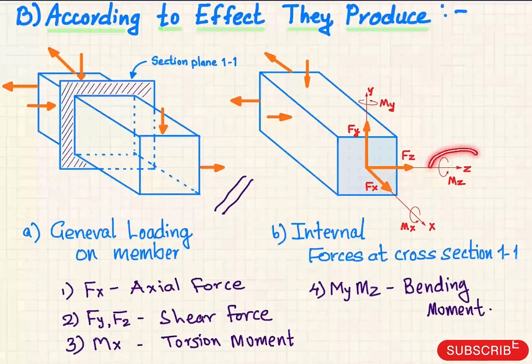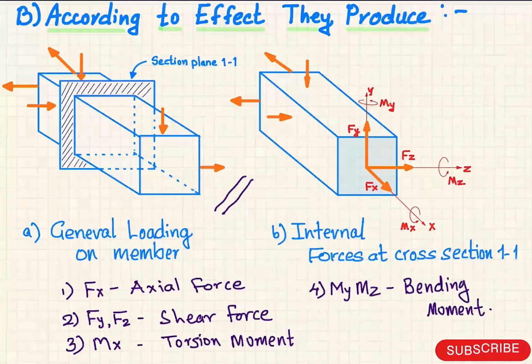So some normal and tangential forces are acting in the cross section. The origin of the reference axis is always taken at the centroid of the cross section. Each of these components has a different structural effect and produces different structural deformations in the specimen.